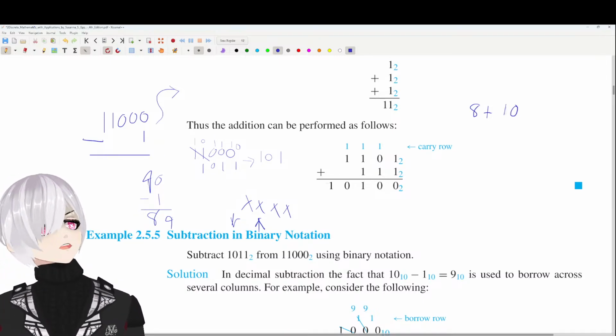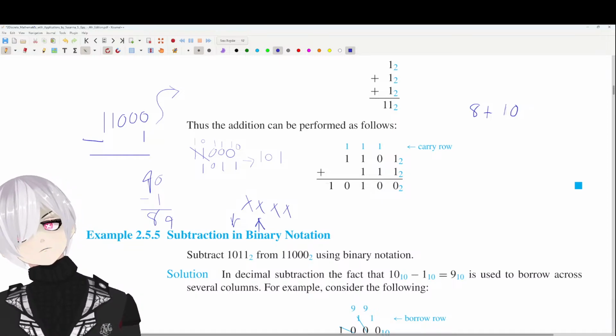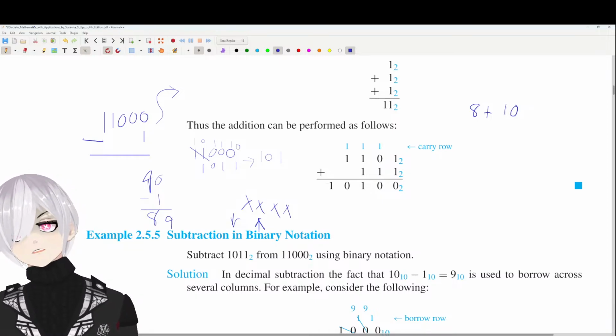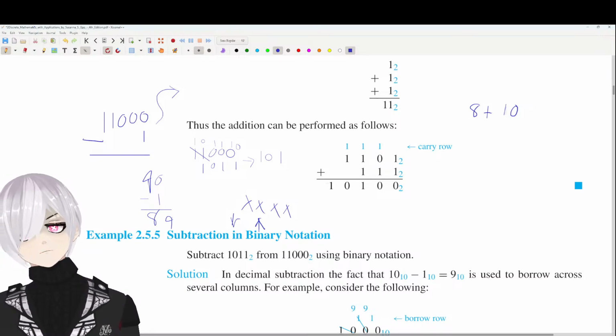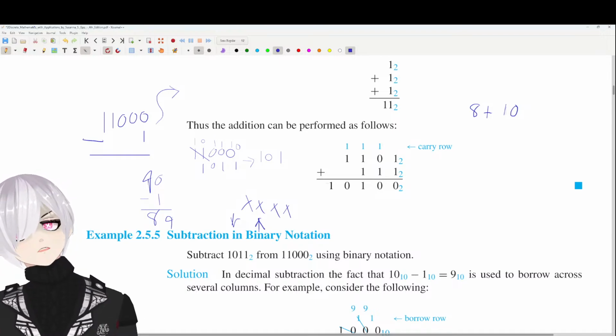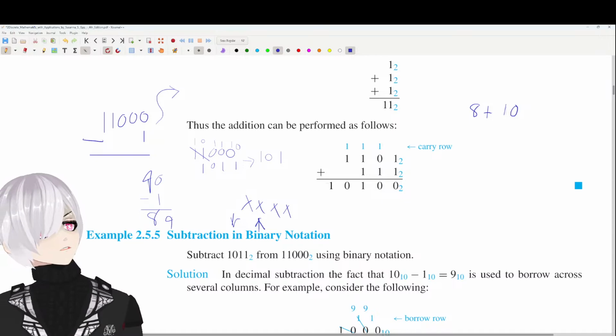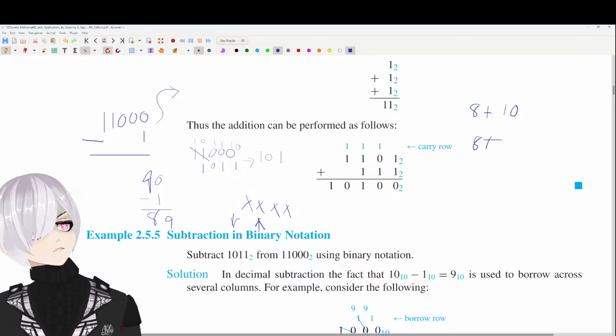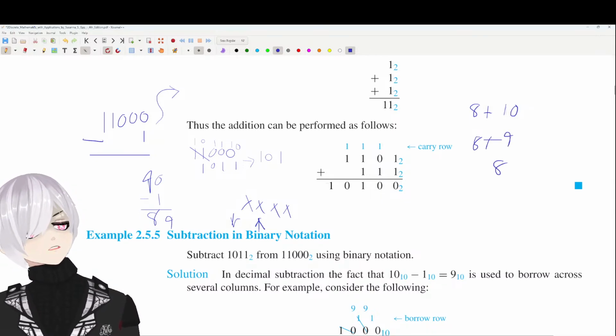Well, 8 in the tens place plus 10 in the ones place would be 90. And so subtracting 1 from the ones place will get you 8 plus 9, which is 89.